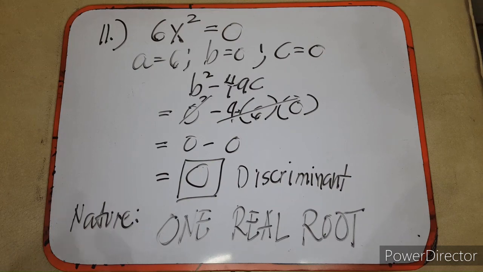So the solutions to a given quadratic equation are the same. So we can identify that by using the discriminant, wherein you can find out its nature as one real root. So that's how we use the discriminant in order for us to find the nature of the roots of a given quadratic equation.